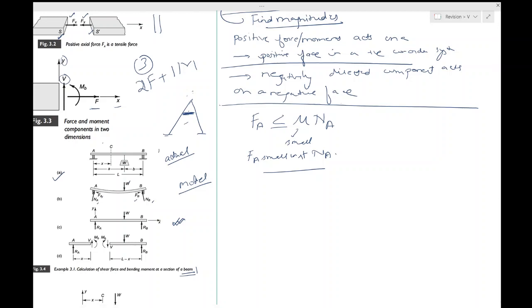Let me make something very clear. When you say this, it does not mean that the friction is actually acting at its maximum value. The friction may be acting at a very small value, but the maximum value is this.